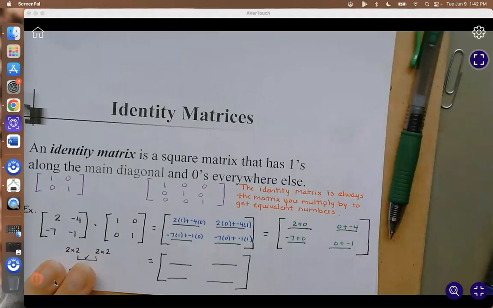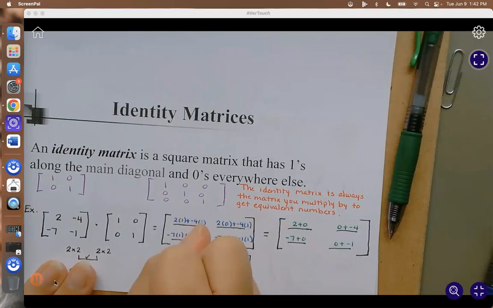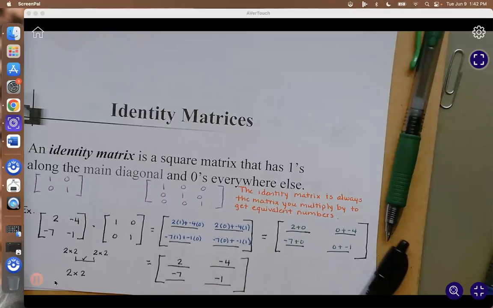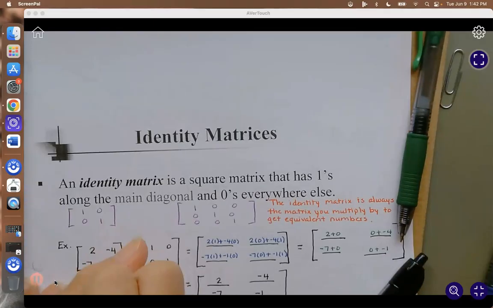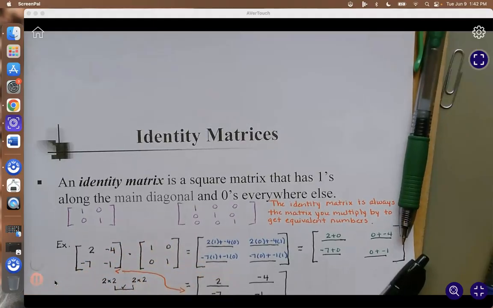So my answers are 2, -4, -7, and -1, which, if you pay attention, is the same as the original matrix. Okay?